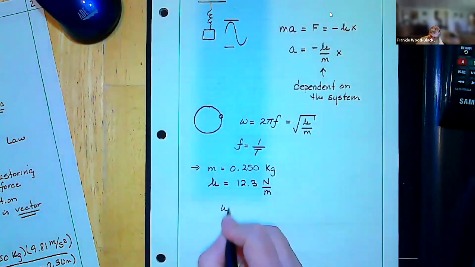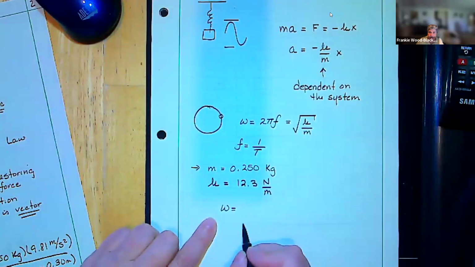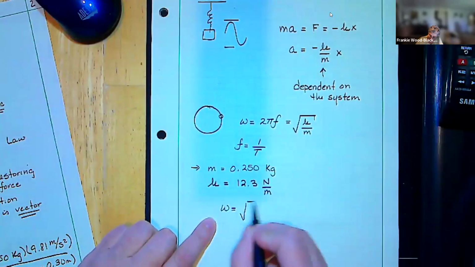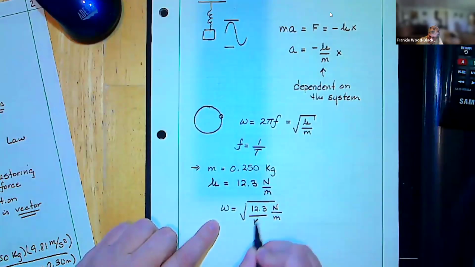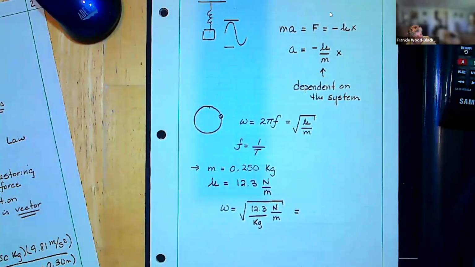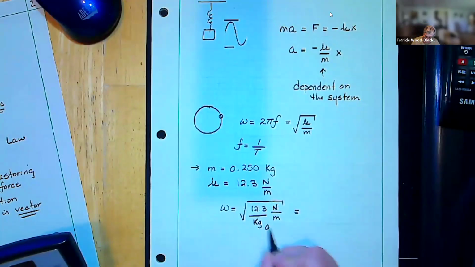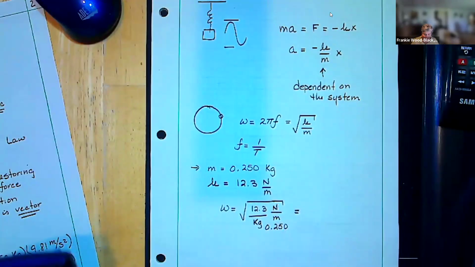We can calculate the angular velocity of my system if I'm using it to represent this bead. Well, that's just going to be the square root of my K, 12.3 Newton meters divided by my kilograms, and that was my 0.250 kilograms.